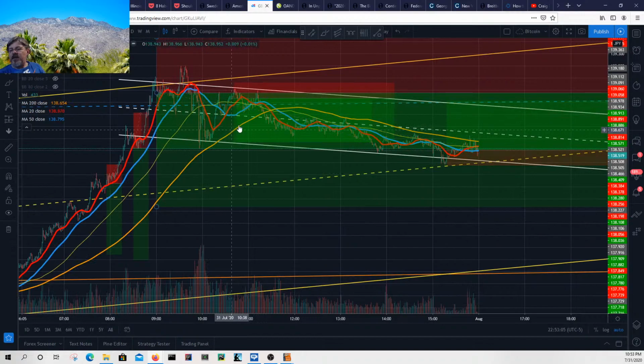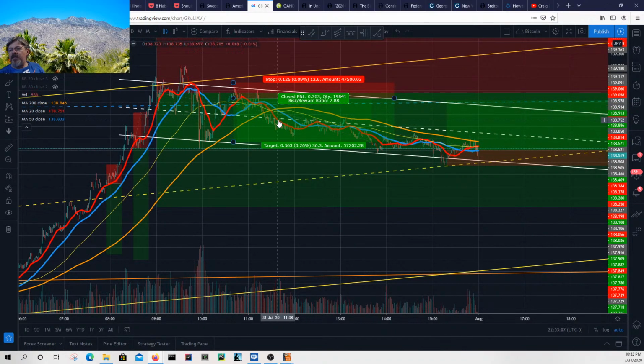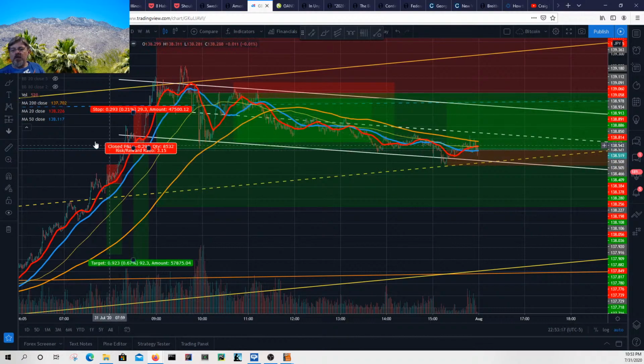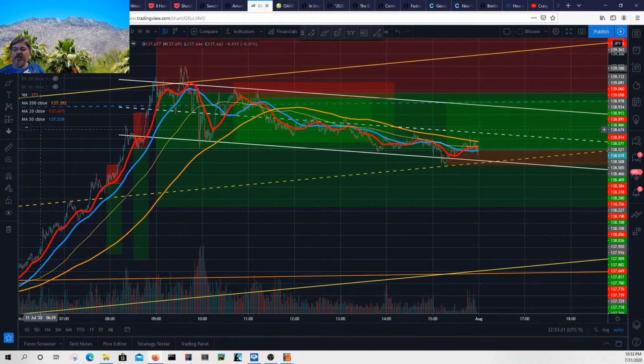You can see that here you definitely changed trends once it flipped over and went this way on this side of the orange line. This is the 200 moving average. The red is the 20, and the blue is the 50.